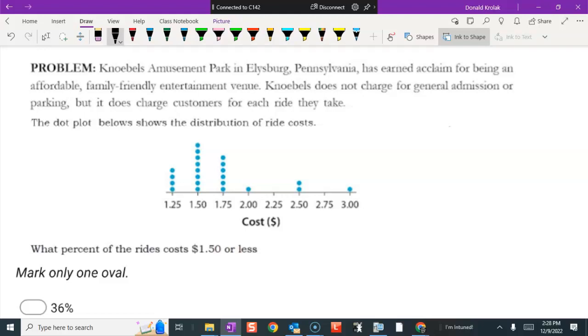So that's going to be the total number of dots. So to get the percentage, I want to find the total number of rides, and then I want to find the number of rides that are $1.50 or less.